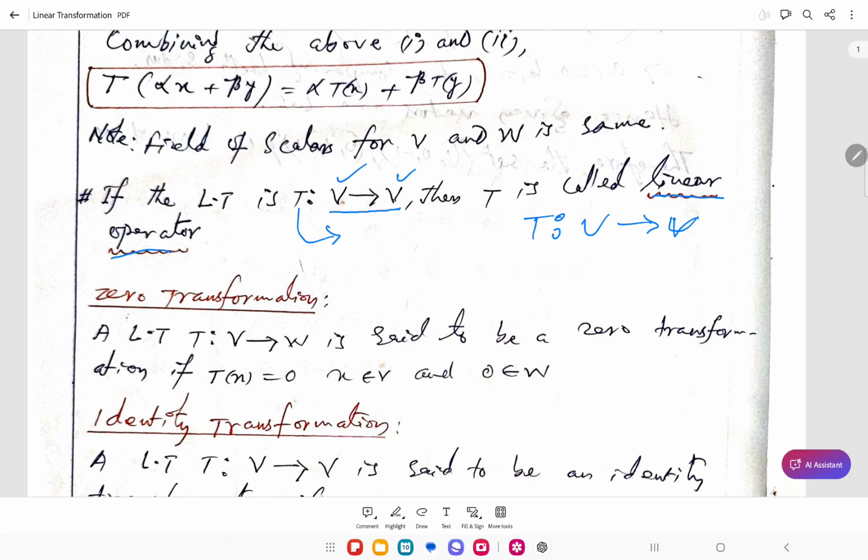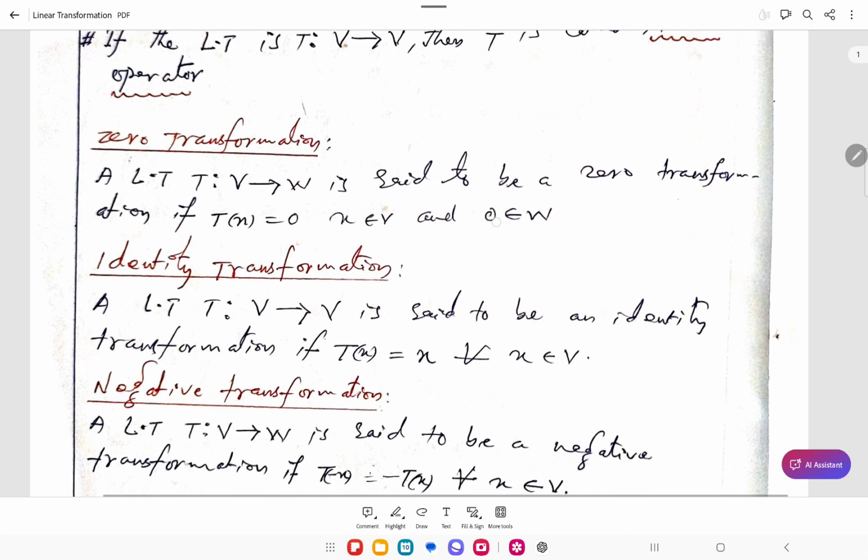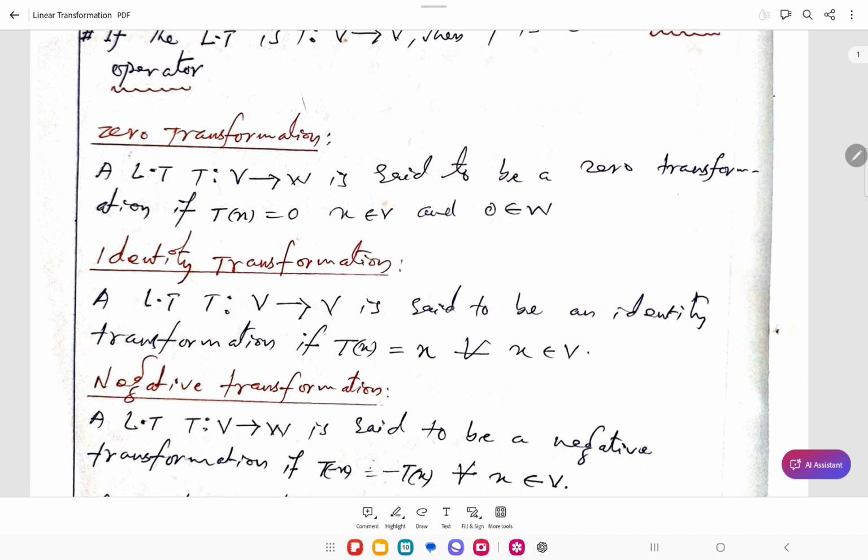Okay, and what is zero transformation? Zero transformation is also a kind of linear transformation from vector space V to another vector space W such that Tx equals 0.